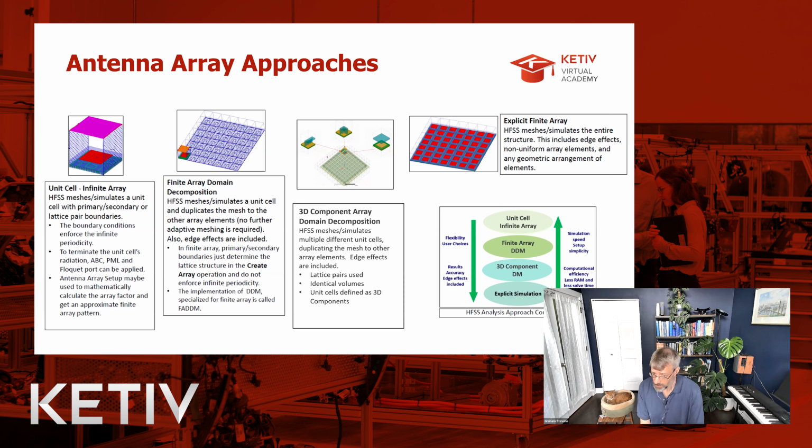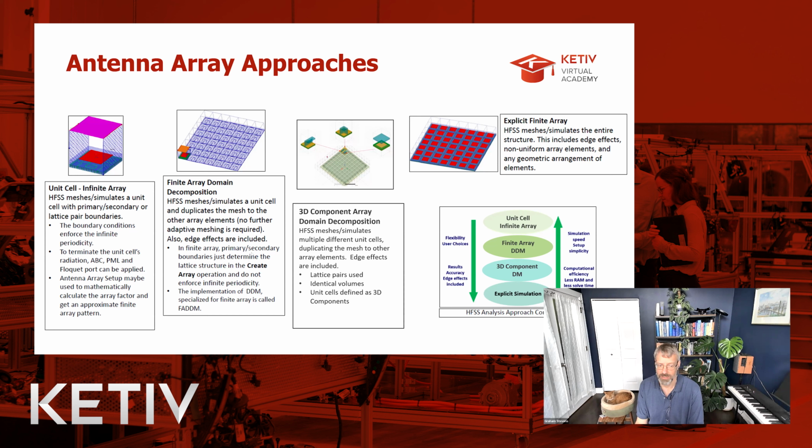In between these two, we have something called finite array domain decomposition, which essentially simulates an identical unit cell. It assumes that we have a finite array now. In this particular case, it looks like it's a 7x7 array. Each of those elements are identical, or assumed to be identical, but it is a finite array.